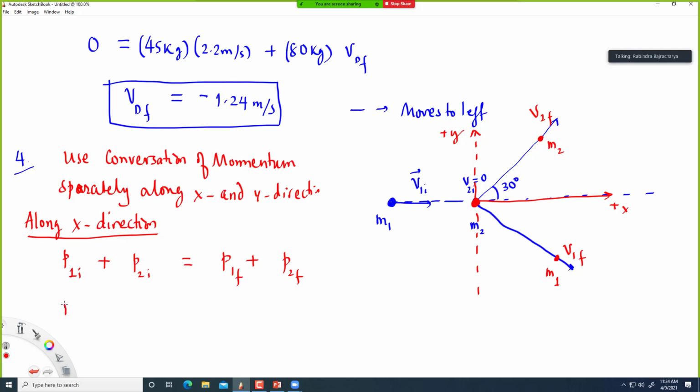It's mass times velocity. Mass is mass of 1, mass of 2, mass of 1, mass of 2. Here velocity is the velocity of 1 initial, velocity of 2 initial, velocity of 1 final, velocity of 2 final. Okay.